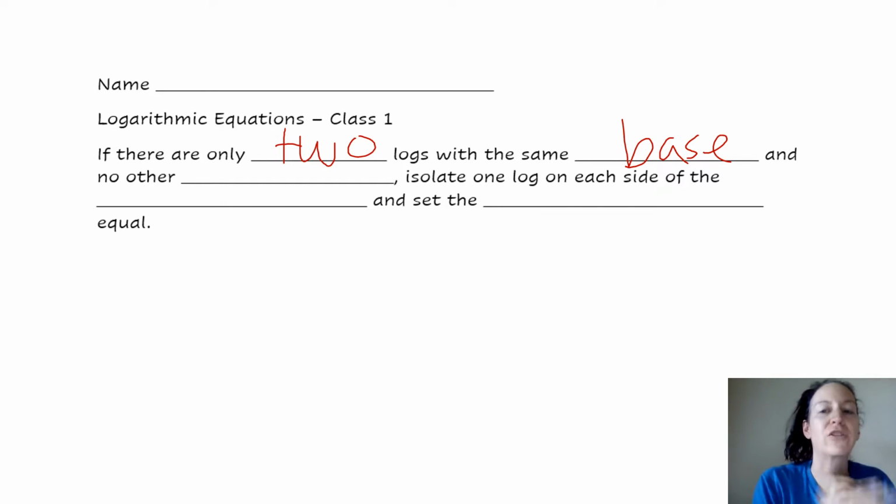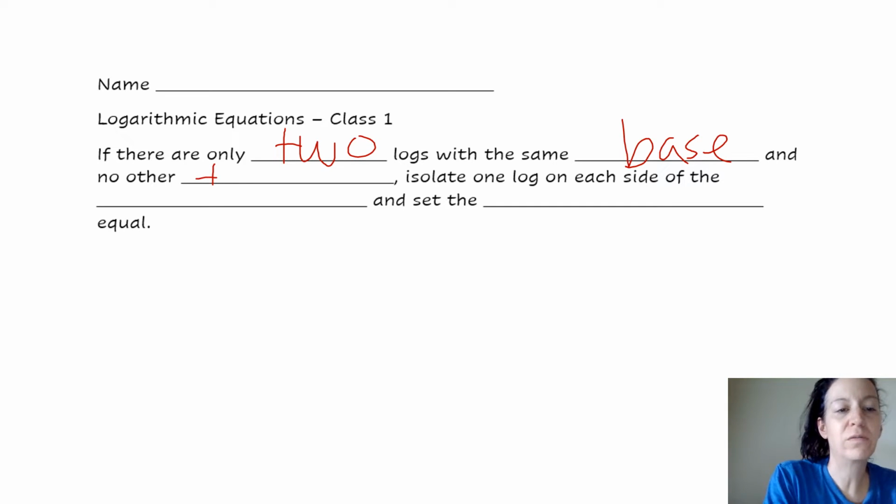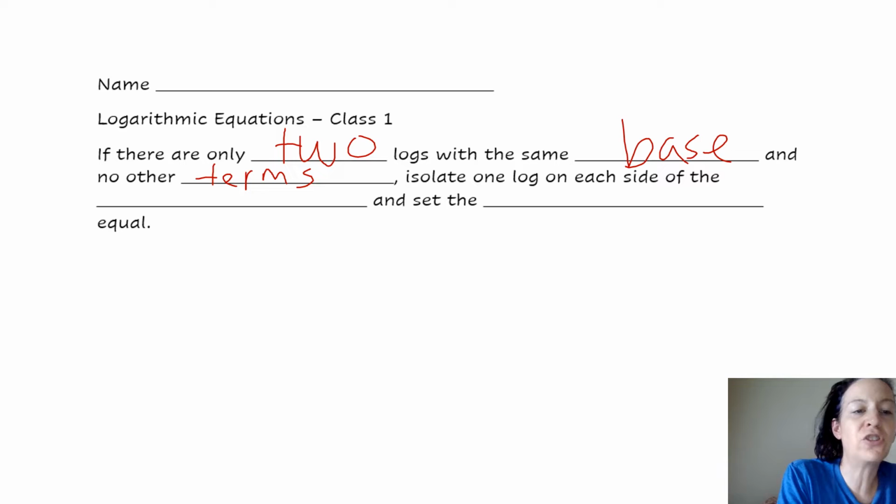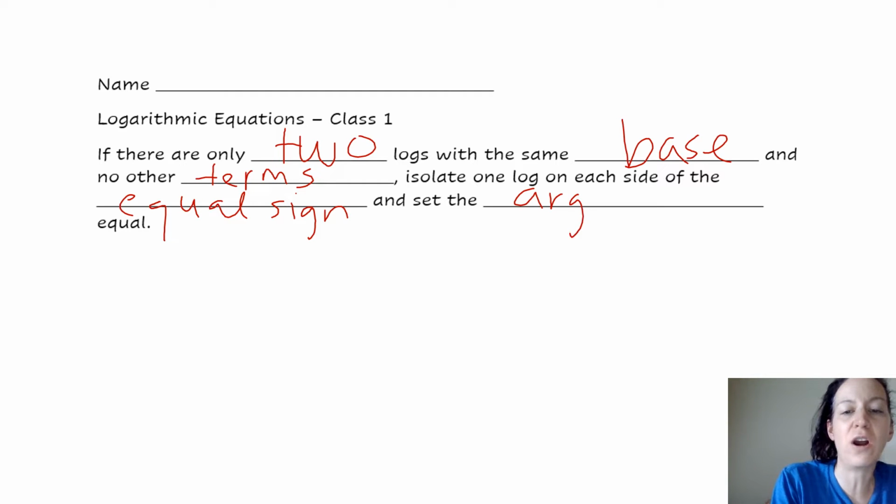So logs with the same base and no other terms. We need to make sure we know what that means. Isolate one log on each side of the equal sign. You could even say each side of the equation, and set the arguments equal. So that is arguments.